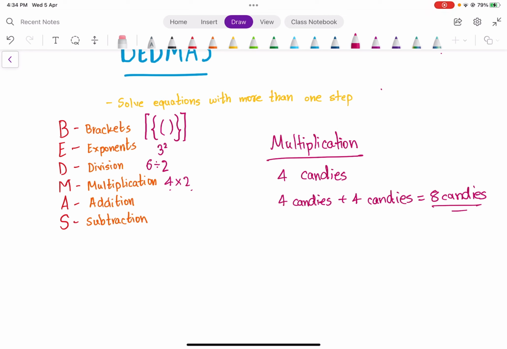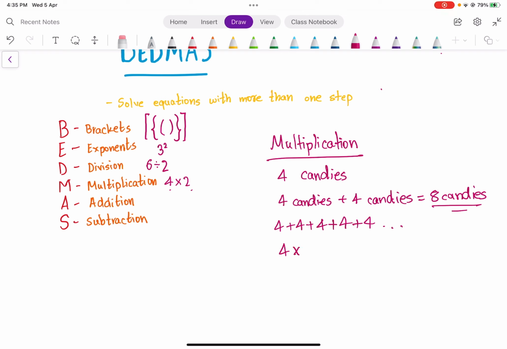But then what if you had a larger number of friends? Let's say 12 friends. So could you add all 12 of those 4s? You could go ahead and add them one by one, but that would take a long time. So that's why we have a topic of multiplication.